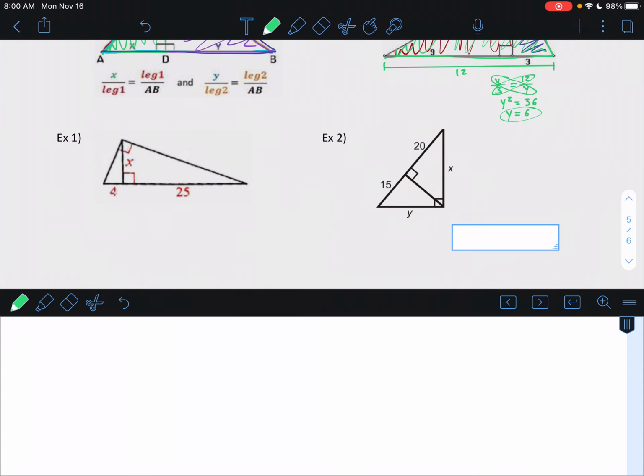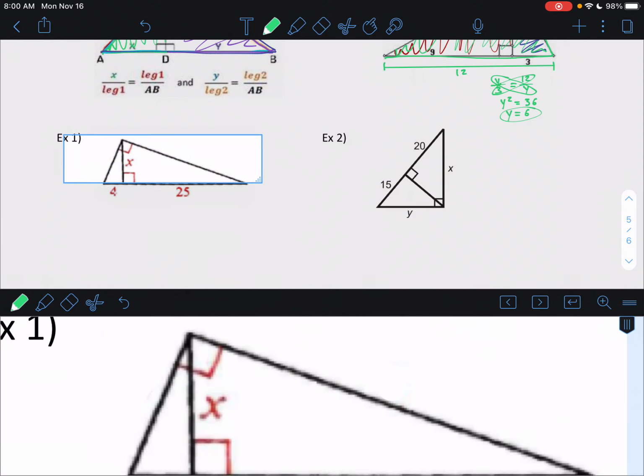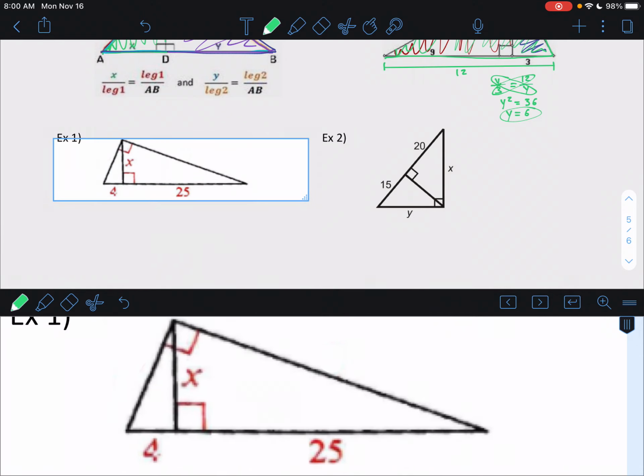Okay. Continuing on. So let's see. On this example here, I am looking at my small triangle, which has a short leg and a long leg on it.